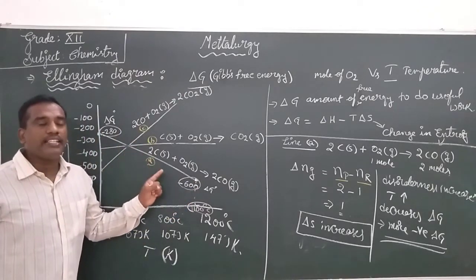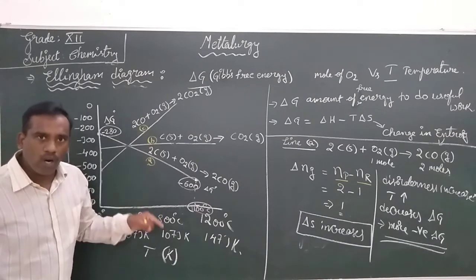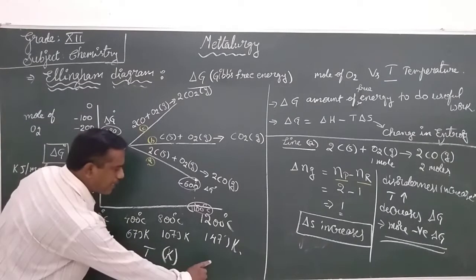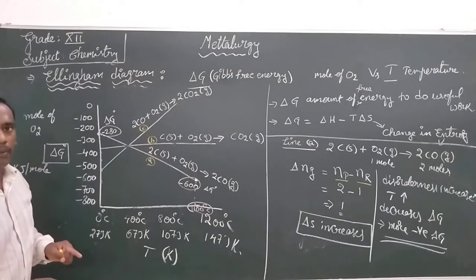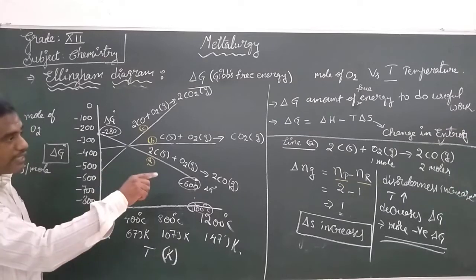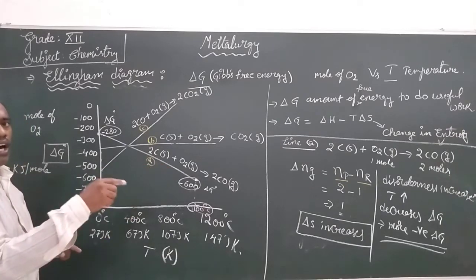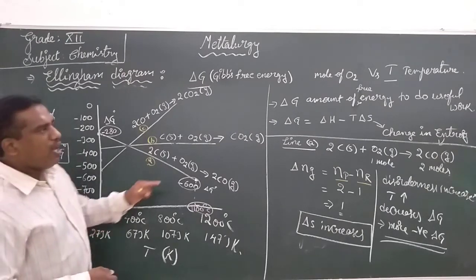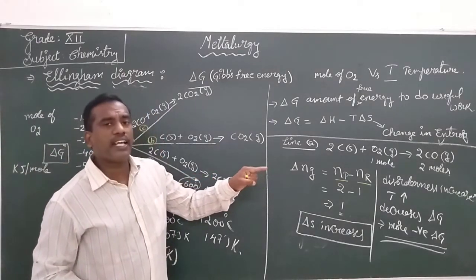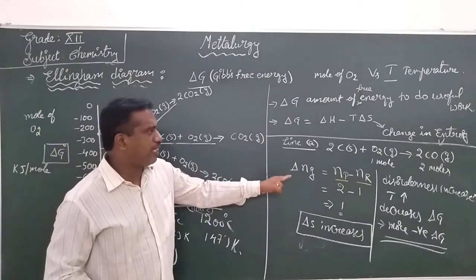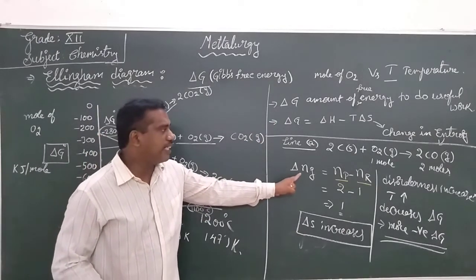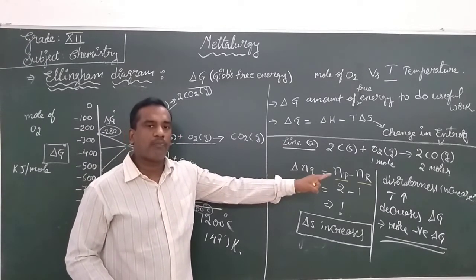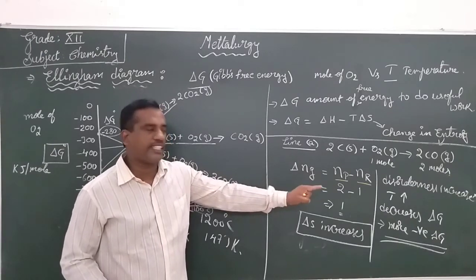The line is having a negative slope because with increasing temperature, the disorderness is increasing. How to calculate the disorderness? The disorderness is calculated with application of the Gibbs free energy from our thermodynamics, that is delta Ng, number of moles of products minus number of moles of reactants, gaseous substances.